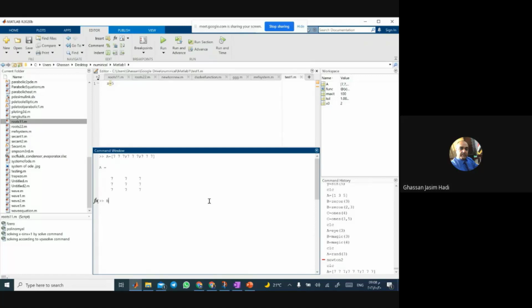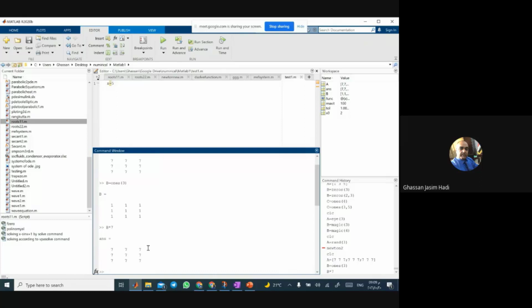But the quicker way is to establish ones, ones(3). It will give us a 3 by 3 matrix of ones, and we could say B times 7. Look at this, it gives us the matrix quickly.